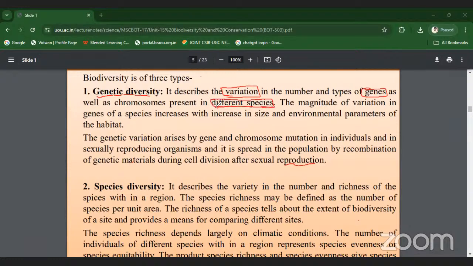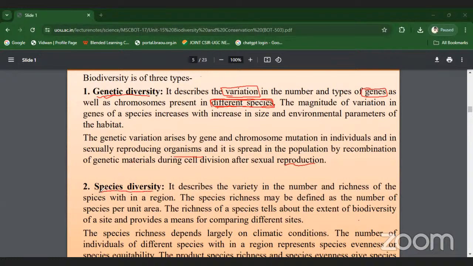So take different species: the variation in genes is genetic diversity. The genetic variation arises by gene and chromosome mutations in individuals and sexually reproducing organisms. That is one type of diversity.